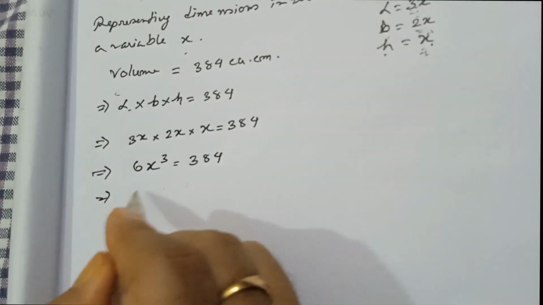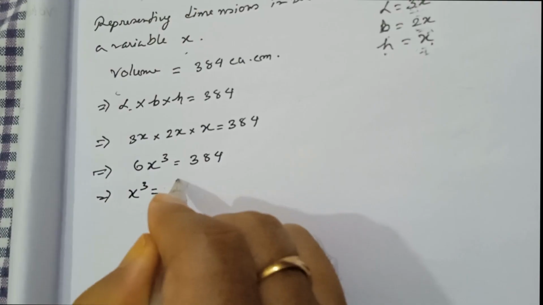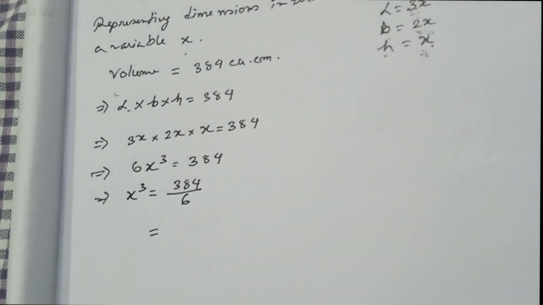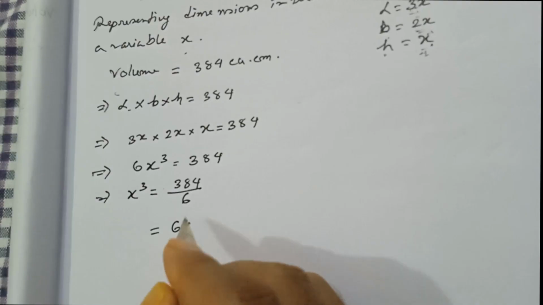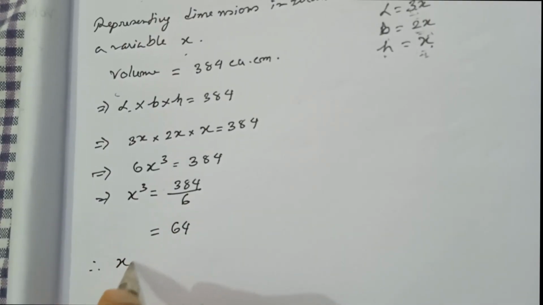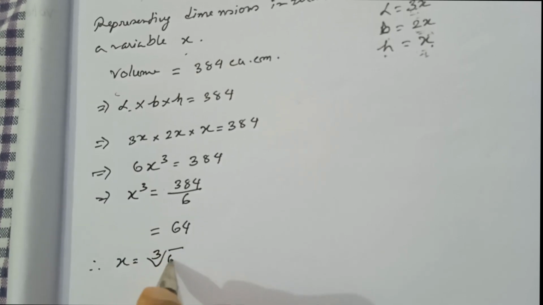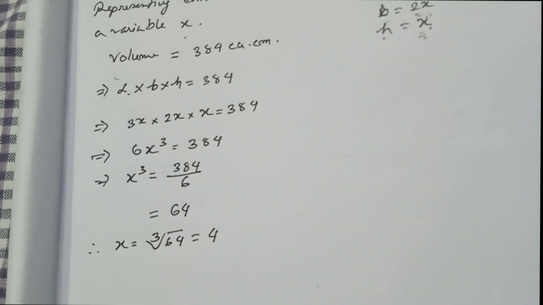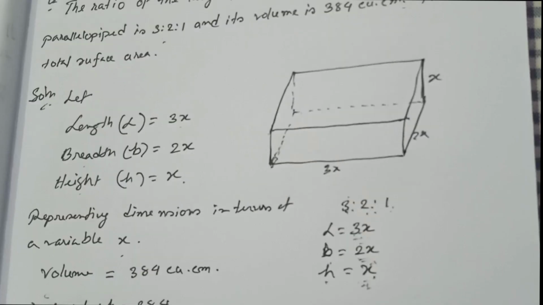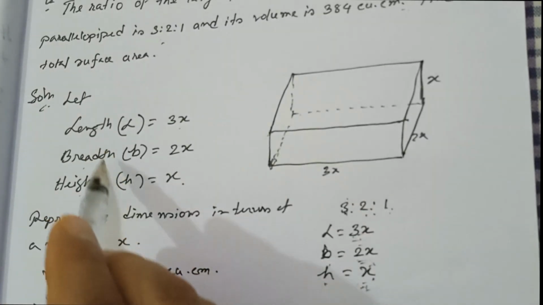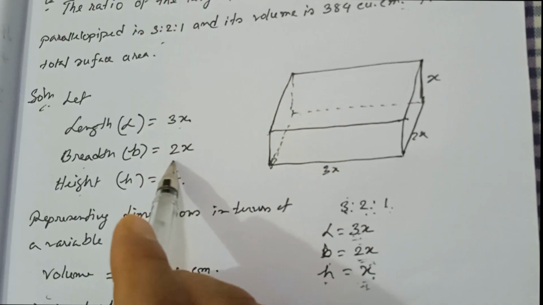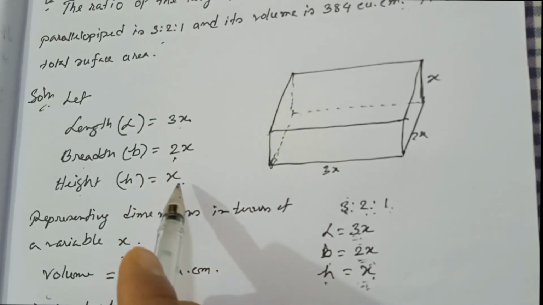That means x cube is 384 by 6, and how much is it? It is 64. Hence x is cube root of 64, which means x is equal to 4. So we got the value of x. Length will be 3 into 4, breadth will be 2 into 4 and height will be 4.